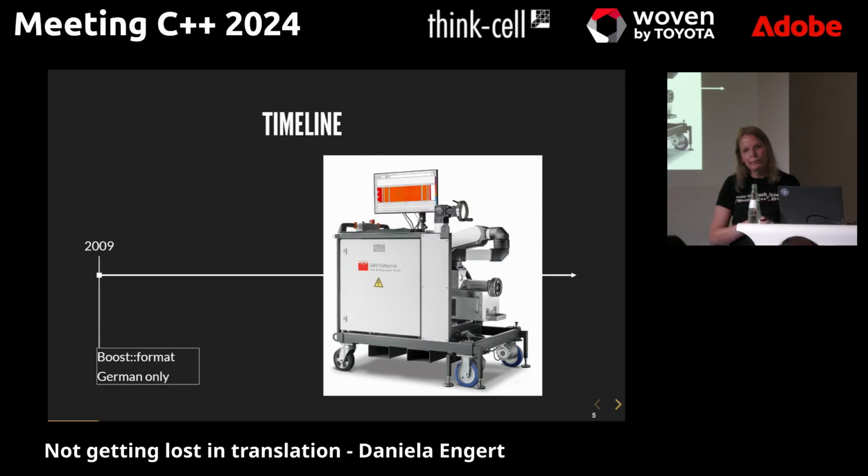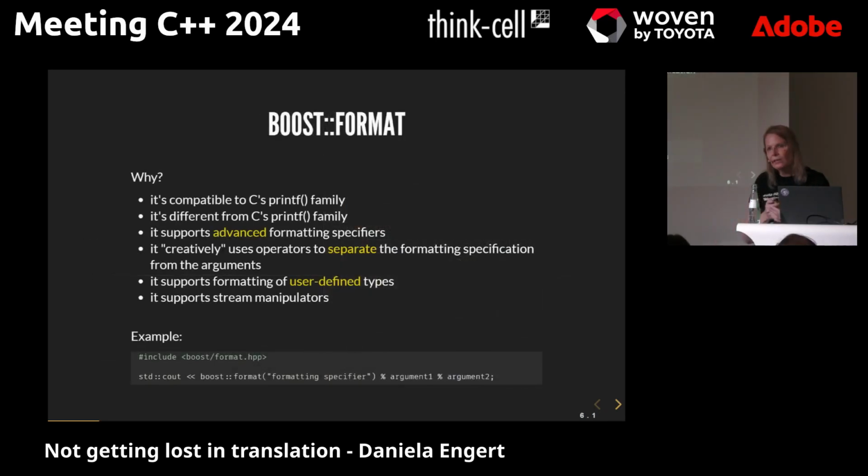But in the beginning we were pretty humble. We only were supporting German. And the best thing to do, string concatenation or putting pieces together, was Boost Format. It has a couple of reasons why we do that, but on the bottom you see it's quite easy to use. On the left we have a formatting specifier.